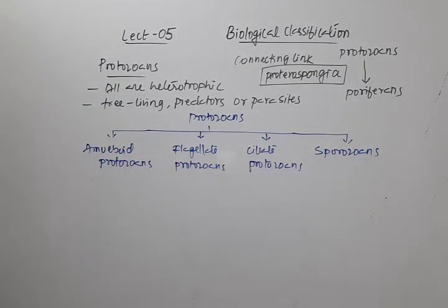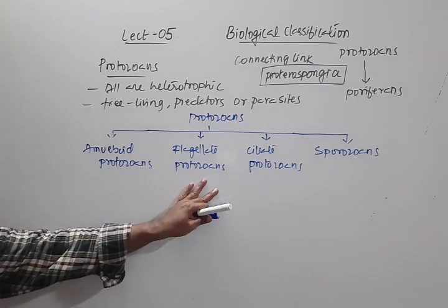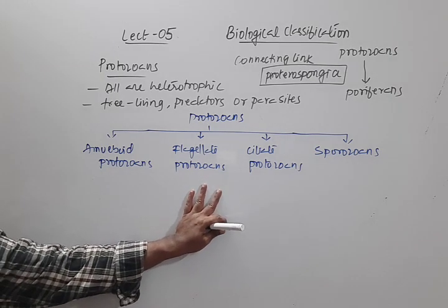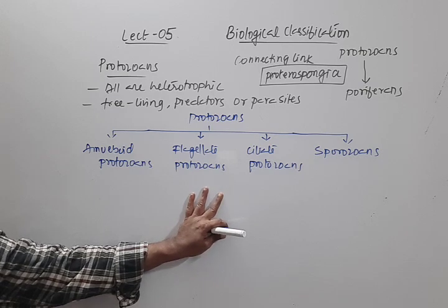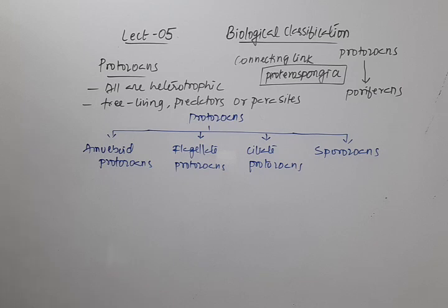Here this is amoeba like, and in the others they have locomotory structures, that is flagella and cilia, and sporozoans have some spore like stage in their life cycle, hence they are called sporozoans.